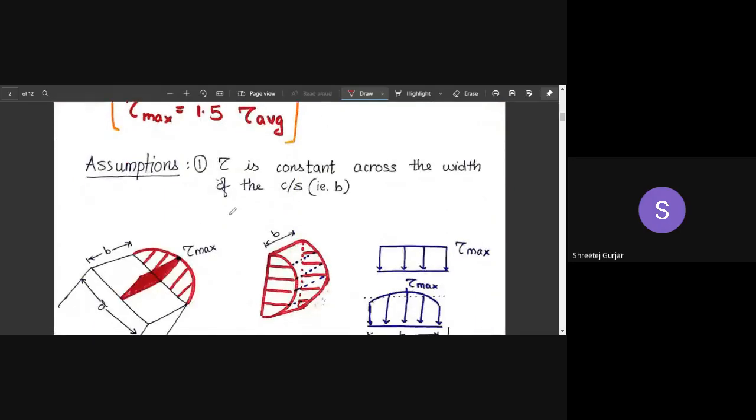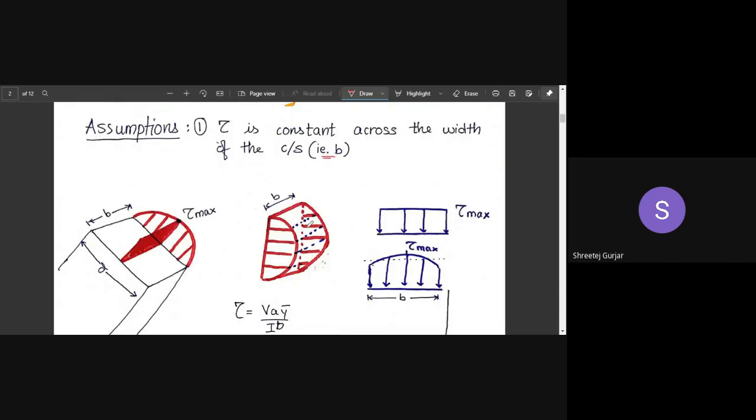Then certain assumptions I have told you what we had taken. Assumption: tau is constant across the width of the cross section, that is B. Okay, tau is constant, that is your shear distribution. You can see here this distribution is constant throughout the width of the cross section. You can see I have drawn a 3D image of your beam. This is how the shear stress is distributed depth wise.